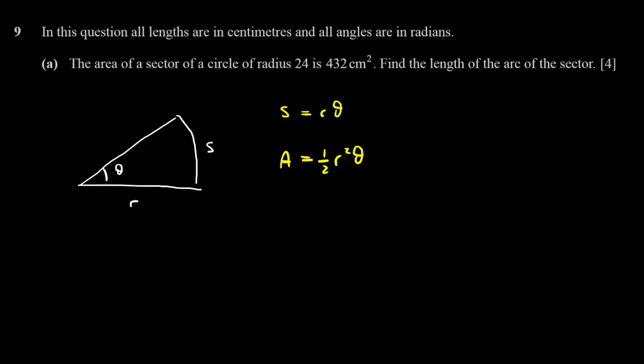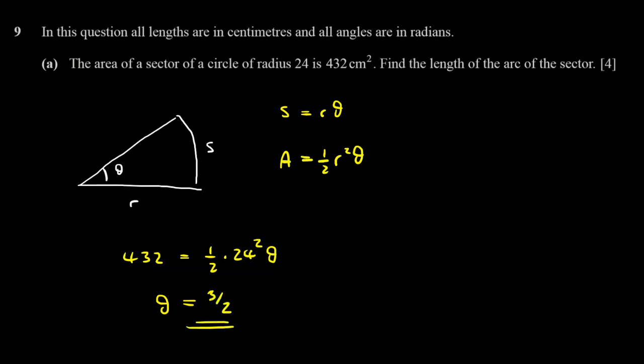So 432 is equal to a half times 24 squared times theta. We can simplify this: 24 squared is 576, divided by 2 is 288. And so theta will be equal to 432 divided by 288, which is 1.5 or 3 upon 2.